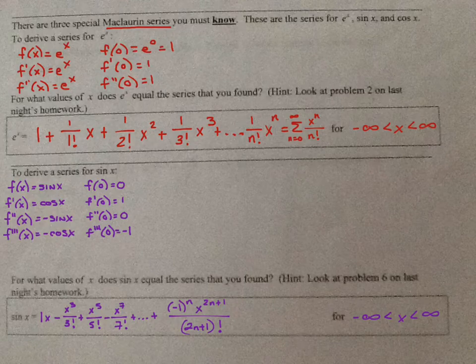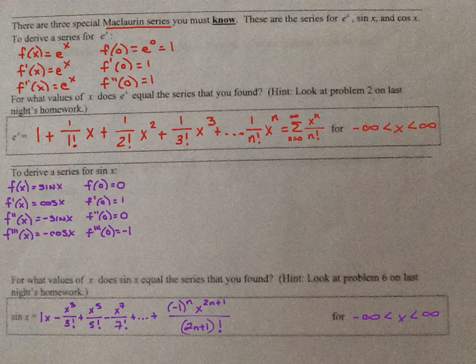Alright, so e to the x should be 1 plus x over 1 factorial plus x squared over 2 factorial plus x cubed over 3 factorial. So the sum of the series would be x to the n over n factorial from negative infinity to infinity.